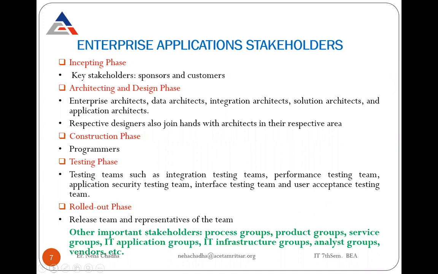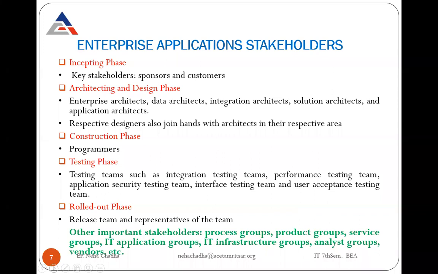These are a few examples of architects in the architecting and designing phase, and we use these words for their stakeholders. These words mean different designations in an enterprise. If one person is in the design phase, he may have the designation of enterprise architect.